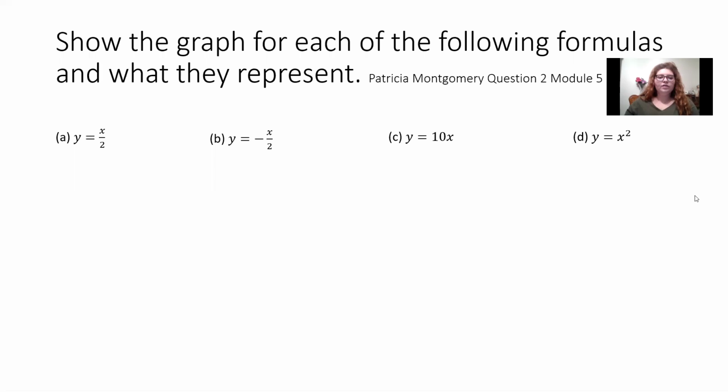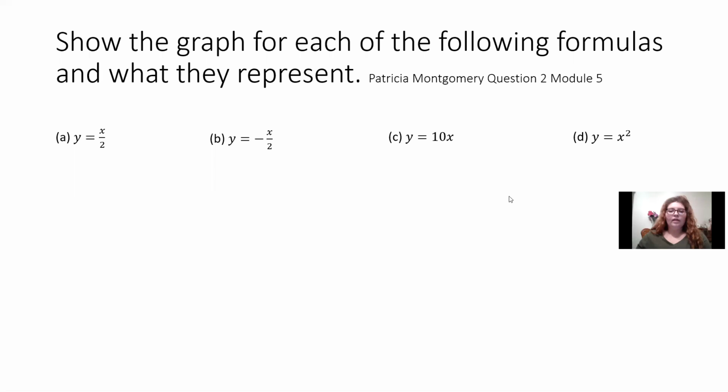The next thing we're going to do is look at these formulas, which represent lines on a graph, and see what they represent. For this first one, we have y equals x over 2. We're trying to figure out what that slope of the line is, which is our rate of change. So ours is 1/2.